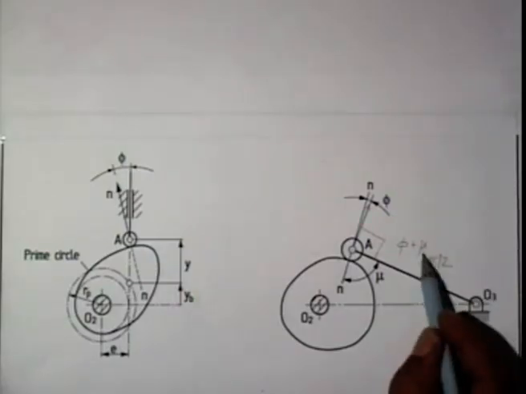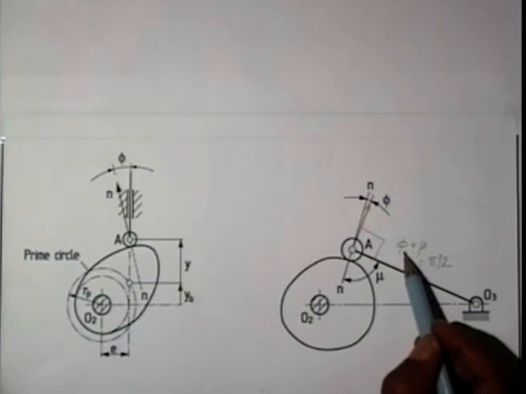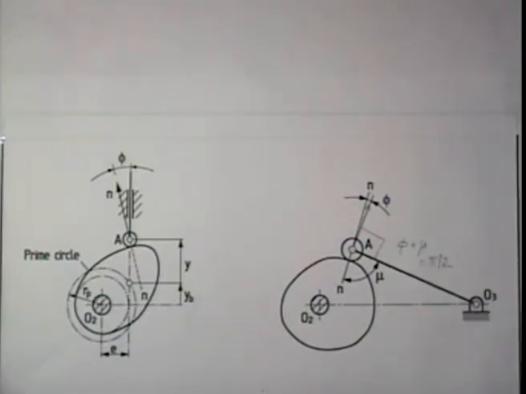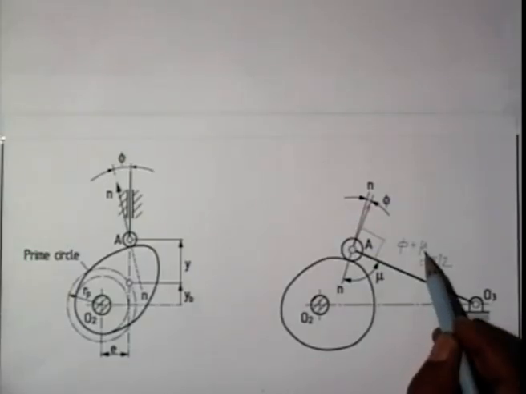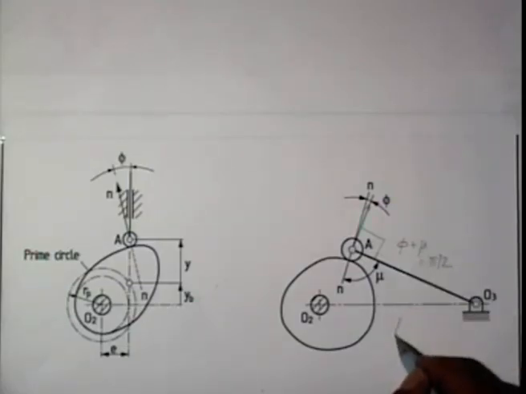And it is this angle mu which we call transmission angle in case of linkages. So this pressure angle is complementary to the transmission angle in case of linkages. In case of linkages, we ensured that mu should not fall below a particular value. We are concerned with mu min.